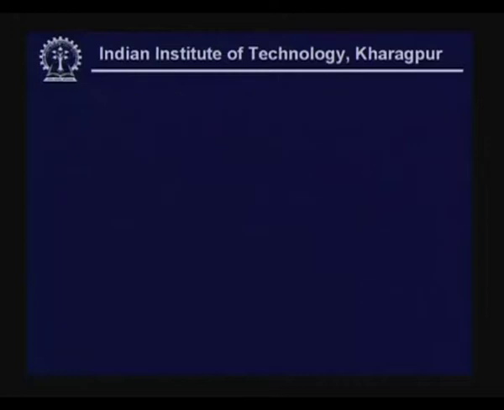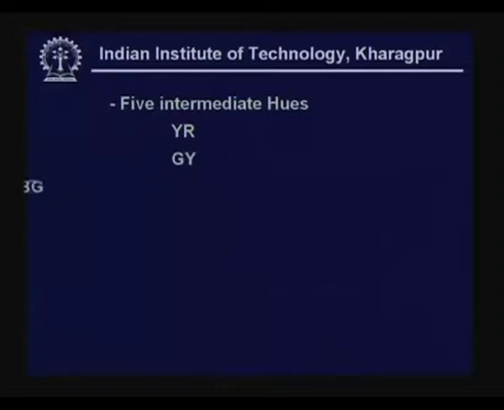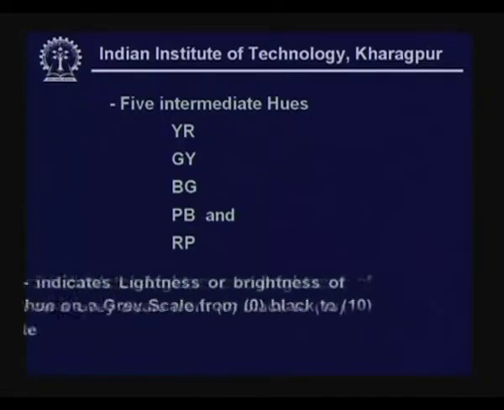So, what do we have? We have 5 principal hues, which are red, yellow, green, blue, and purple, with 5 intermediate hues YR, GY, BG, PB, and RP.